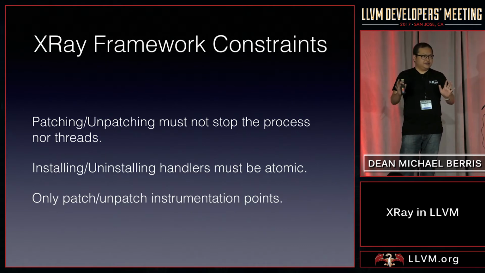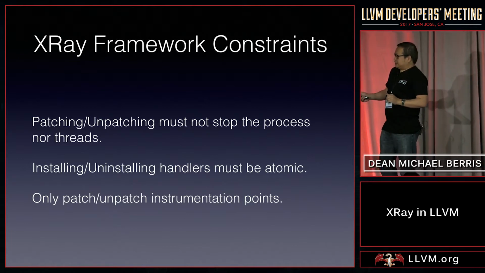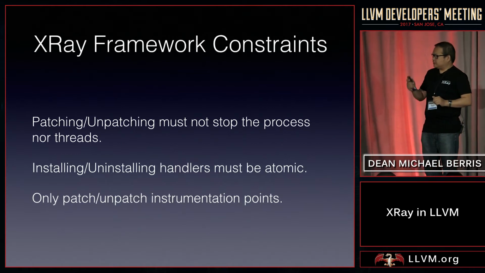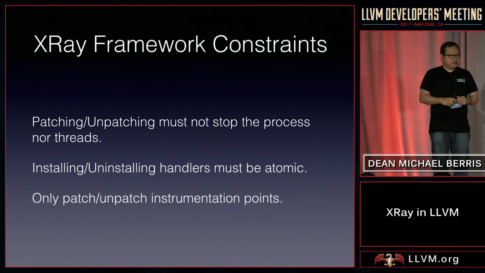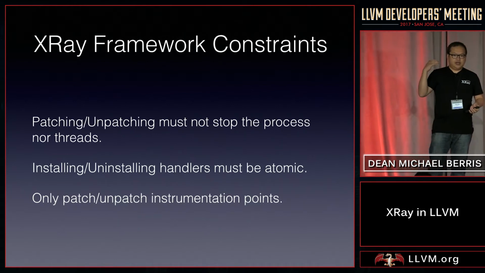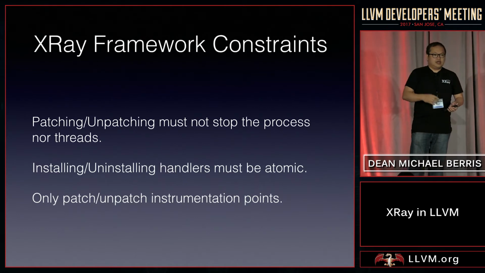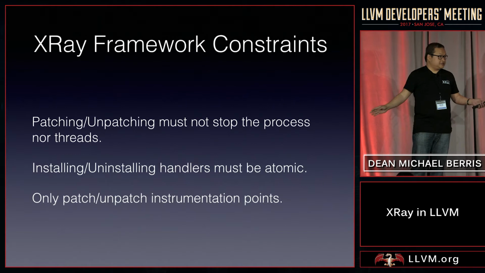We are going to do this hopefully correctly. We also want to be able to install handlers atomically, so that you can say, when these entry events and exit events are encountered, as soon as this handler has been installed, all the threads should be able to see this, and then instrumentation is on.